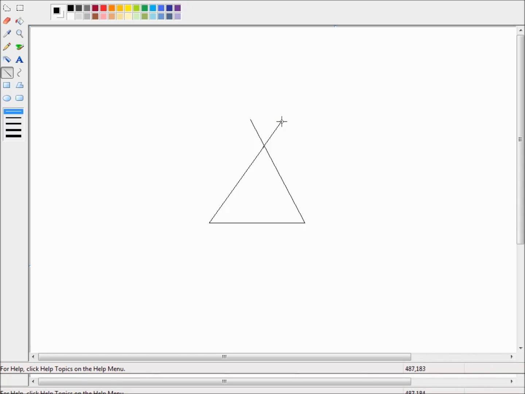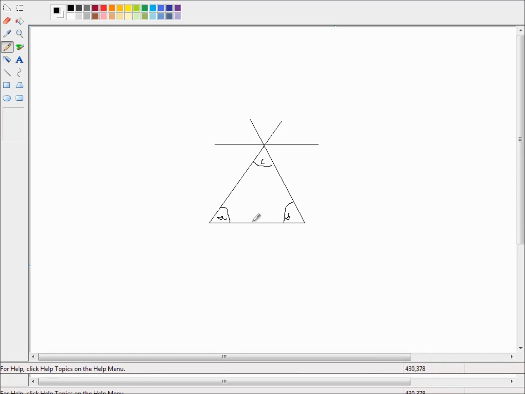So these are straight lines. And I'm going to draw a line parallel to the base of the triangle. Okay, so we have our three angles here. This is angle A. This is angle B. And this is angle C.